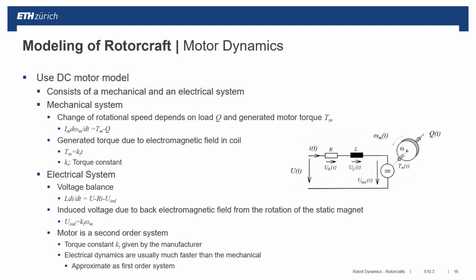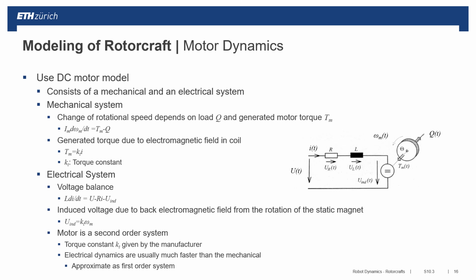If you want to fly very dynamic maneuvers with a quadrotor or any other rotorcraft, you might also consider the dynamics of the motor. A DC motor is typically composed of a mechanical and electrical system. The mechanical system can be modeled as any other mechanical dynamic system, which in the case of the motor means the inertia multiplied by the derivative of the rotational speed is equal to all forces acting on the motor.